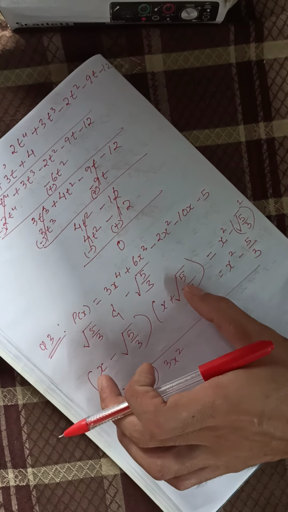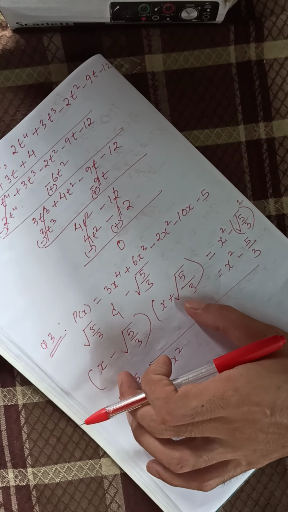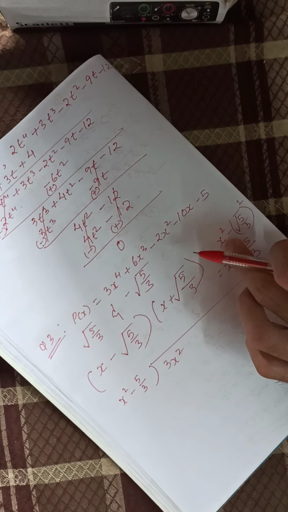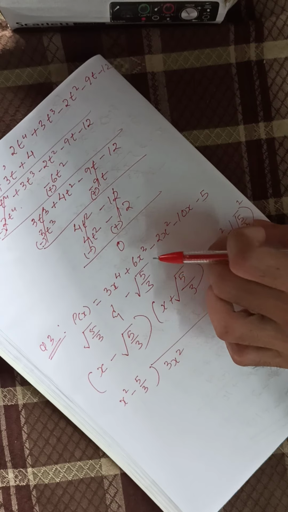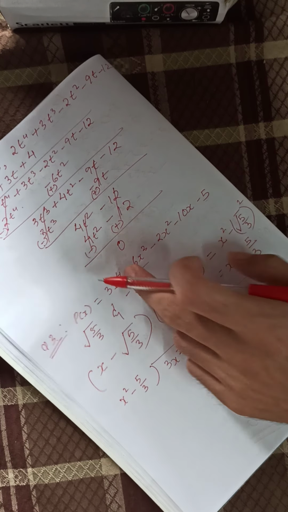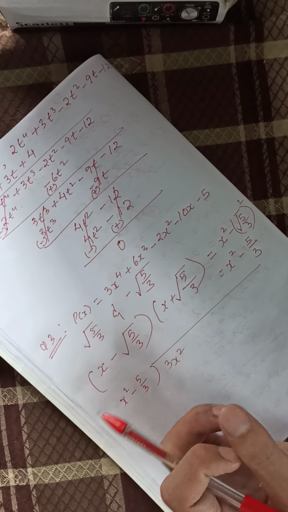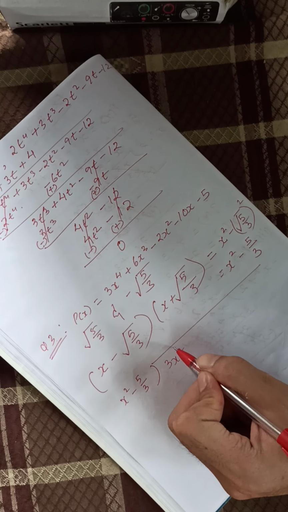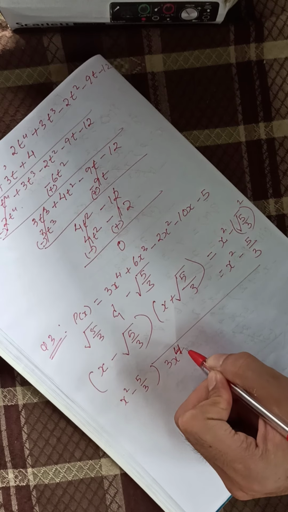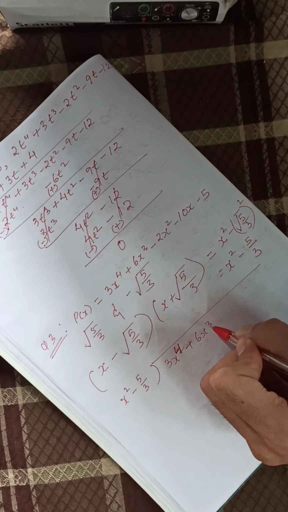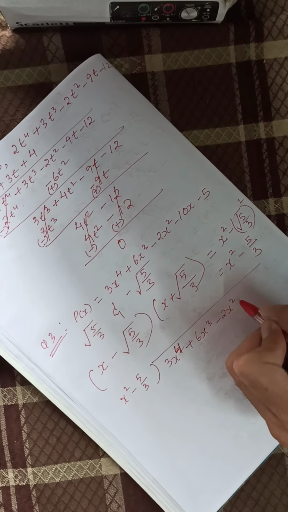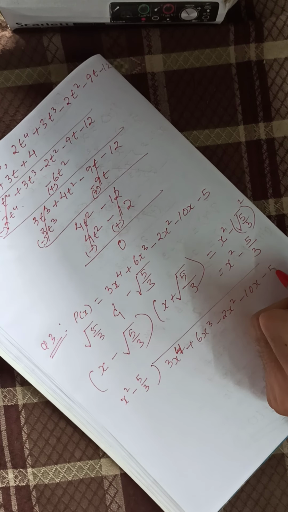That means we pick it up one step and we got this a minus b, a plus b formula, a square minus b square. So this is a factor of this. That means if we divide this with this, we will get remainder 0. 3x to the power 4, plus 6x cubed minus 2x squared minus 10x minus 5.